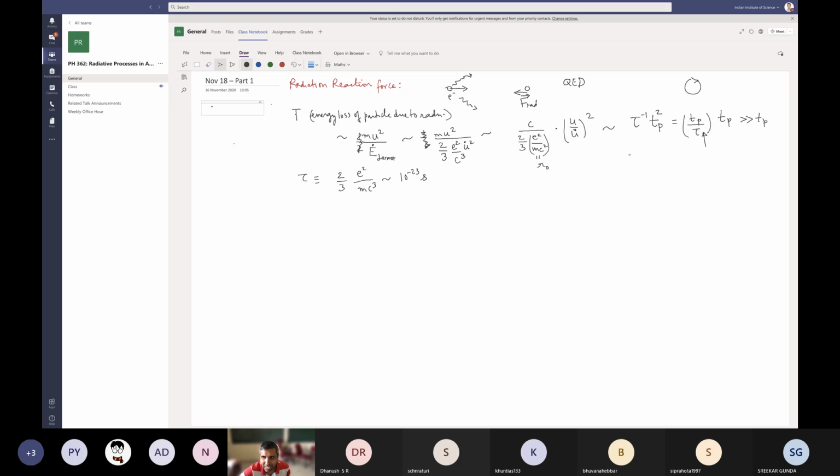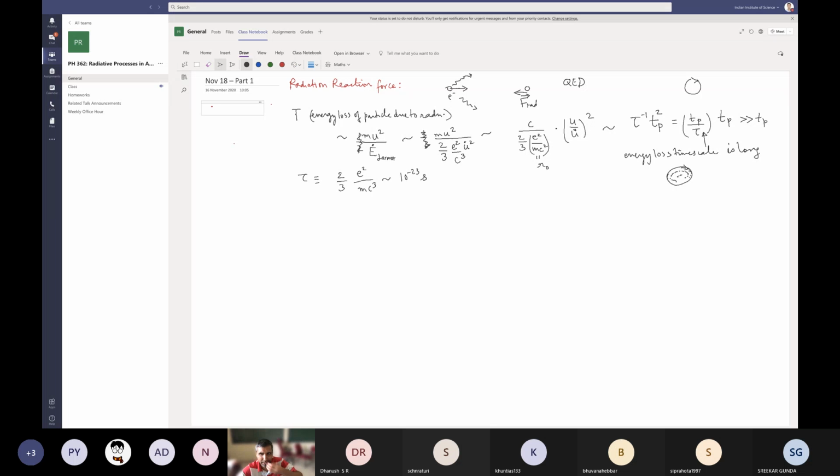So basically what it means is that the energy loss time scale is long compared to the periodic motion time scale. So you can actually almost treat it perturbatively. You can treat the electron as almost going around in its orbit, but it only very, very slowly loses its energy.